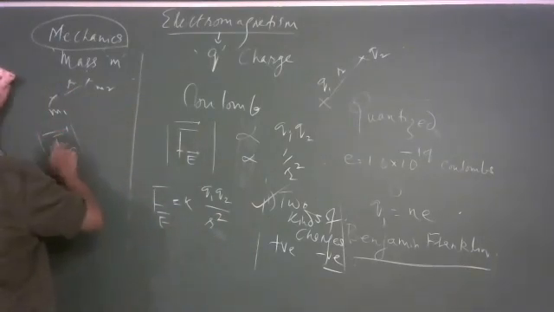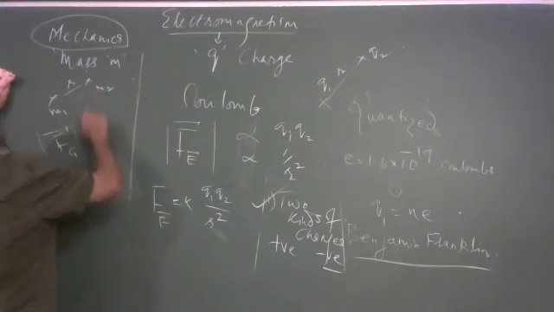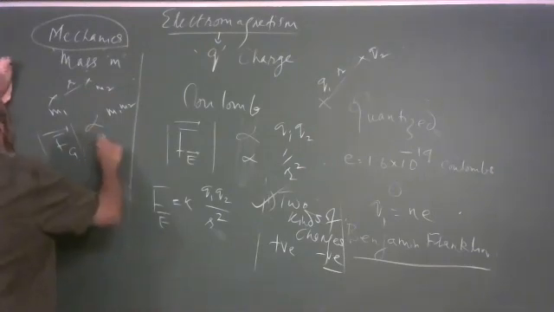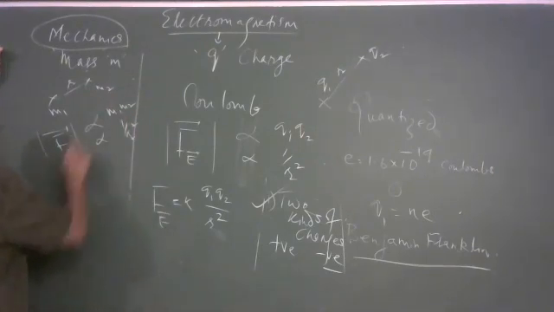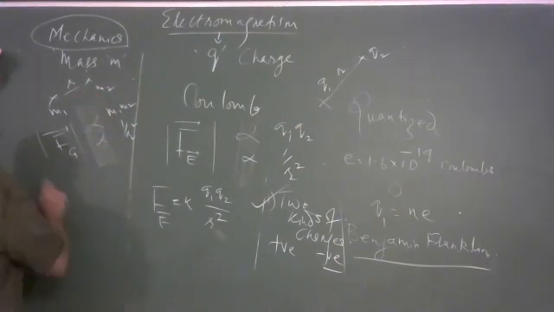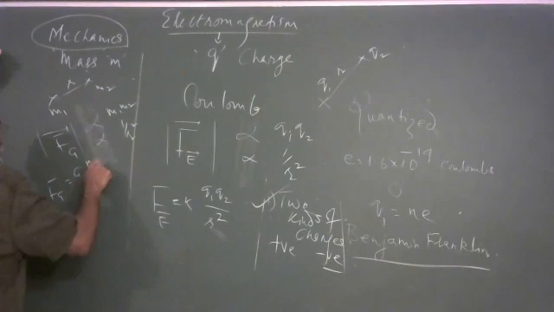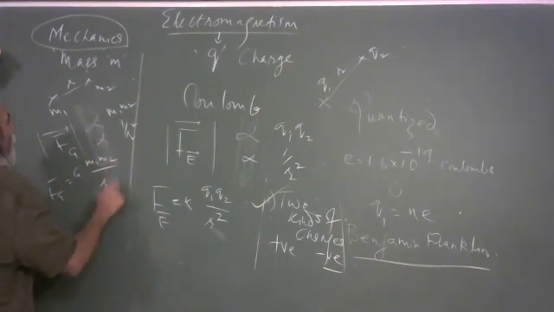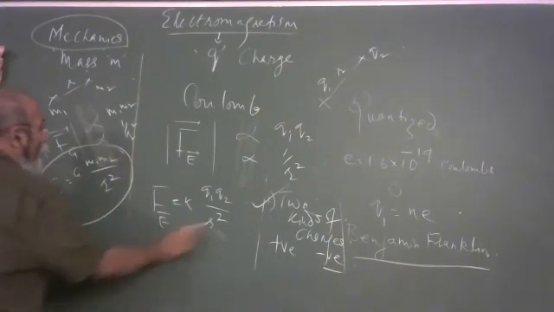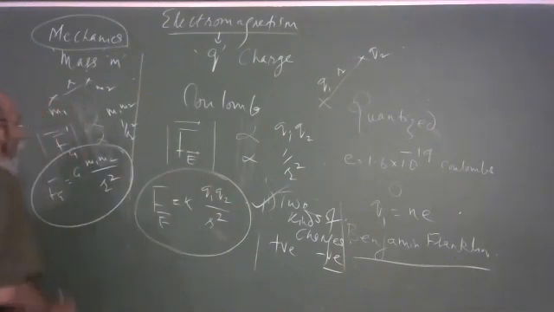The magnitude of the gravitational force between the two is proportional to the product M1 and M2, and inversely proportional to the square of the distance between the two. Then, when I remove this proportionality, the gravitational force in magnitude is equal to, I put G. Looks very, very similar.